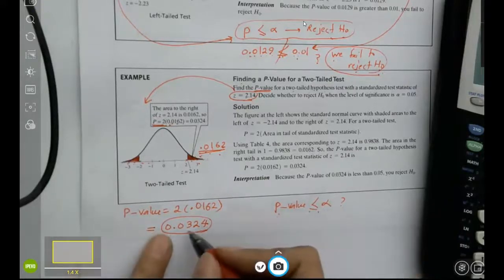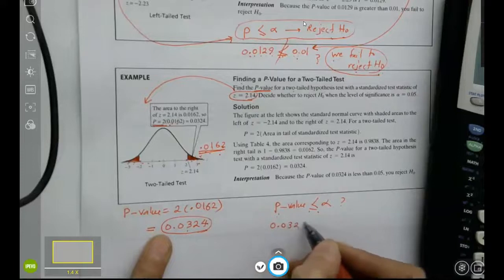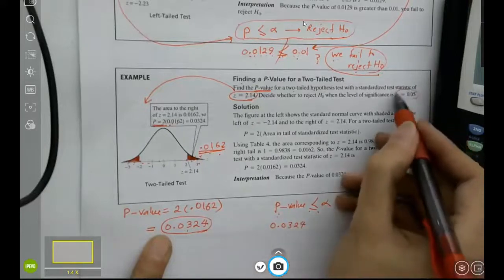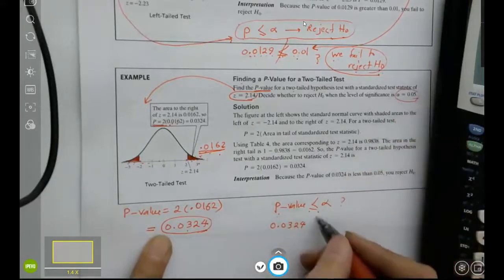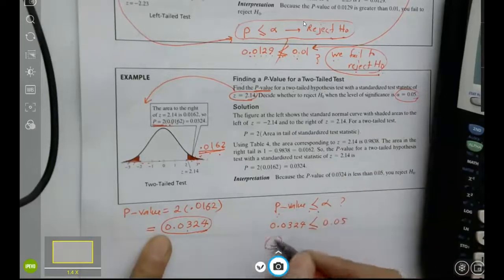P-value is 3%, 0.0324. What is our alpha? Alpha is 5%. Yes. Very good. Yes, it means that we reject the null hypothesis. This is our conclusion.